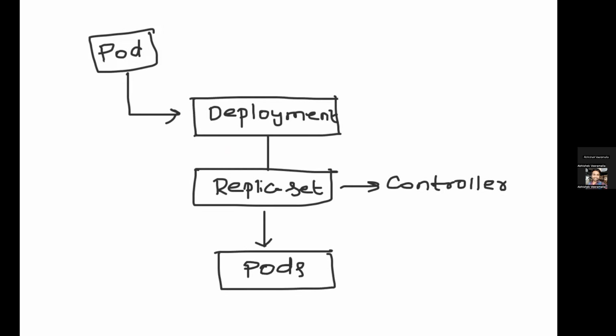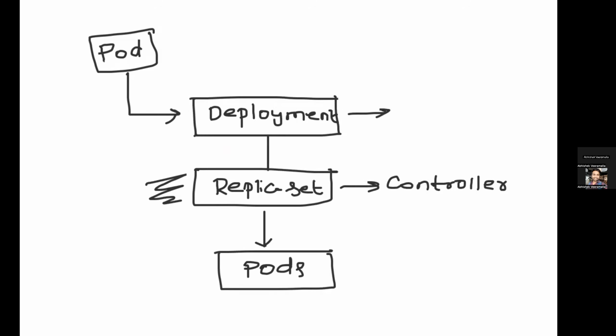Now, why do you need this intermediate resource? Inside your deployment, you can just say the number of replicas of your pod that you require. Why is this required? In some cases, you do not want a single replica of your container. Sometimes your load will be too high, and you might want to expose your application to multiple concurrent users.